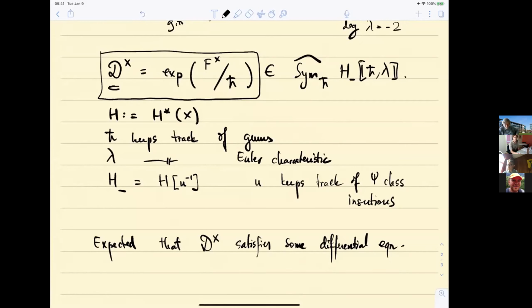But the point is that on this space, there will be some interesting operators, differential operators. And when you write down this element D_X, it's not completely random in this symmetric algebra. It satisfies some rather complicated differential equation, which very seriously restricts what D_X can be. Right?